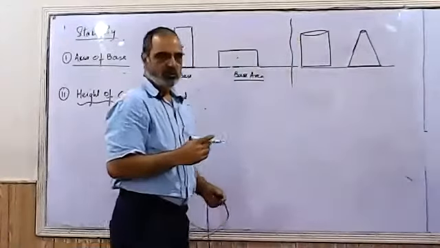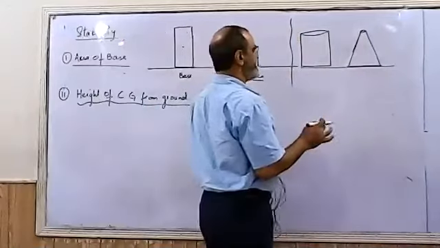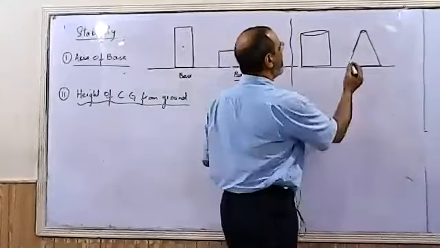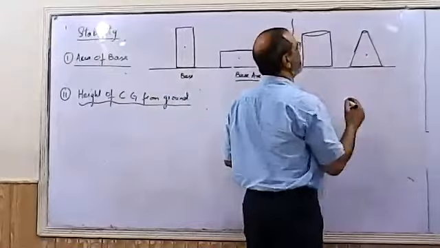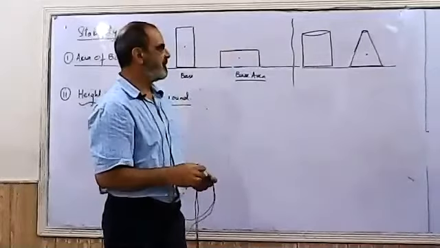So if I consider the stability, base area is the same, but if I try to find the center of gravity, its center of gravity lies somewhere here, and its center of gravity lies somewhere here. Both objects have the same base area, but the center of gravity of the second object is lower than the first. So we may say that it is more stable.